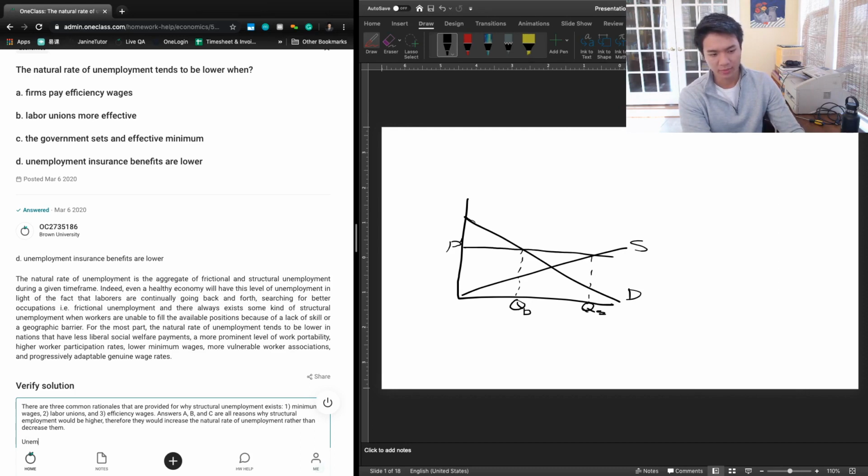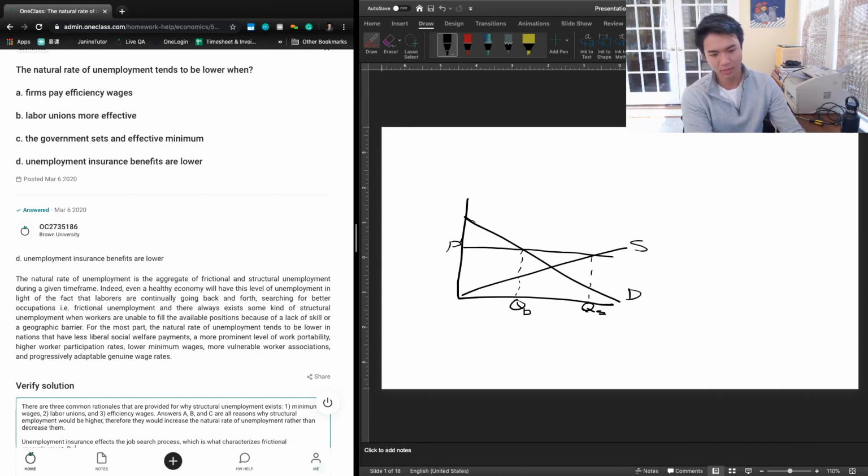And we can say unemployment benefits. Unemployment insurance affects the job search process, which is what characterizes frictional unemployment.